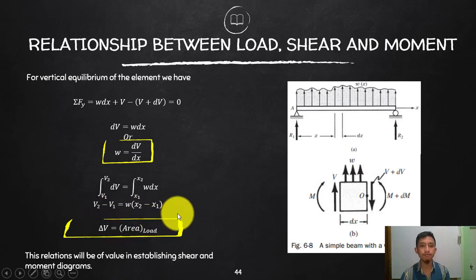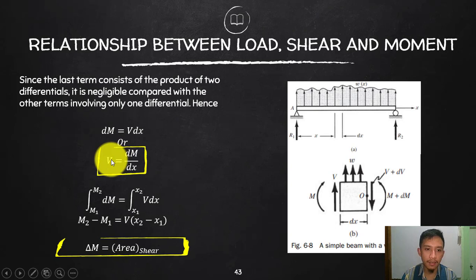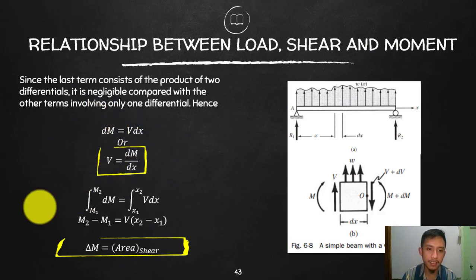So now, again, the magnitude of the shear diagram is the slope of the moment diagram at a certain point, or that is the first derivative of the equation.